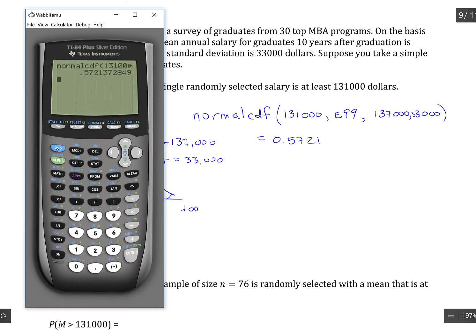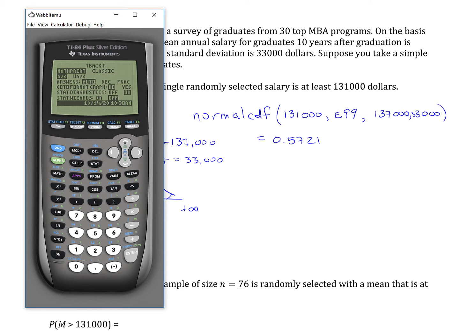Now, you may have seen a menu show up when you did the normal CDF function, and that's okay. Some of the later model calculators have that. Just to show you what that is, if I go under normal CDF with those turned on, in my case, it's just the same 4 inputs, but it gives you the ability to type those in a menu so that you don't have to remember what the inputs are or what order they go in.